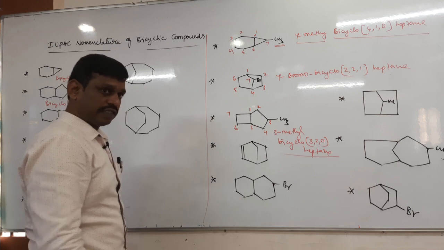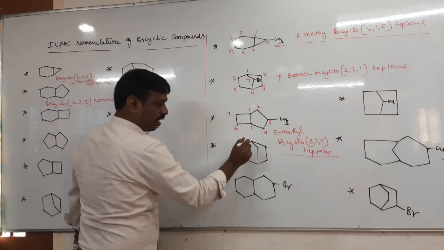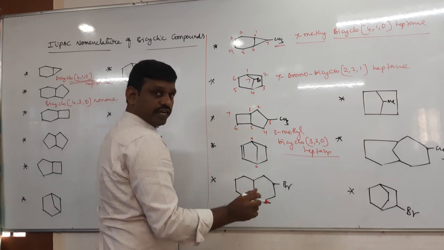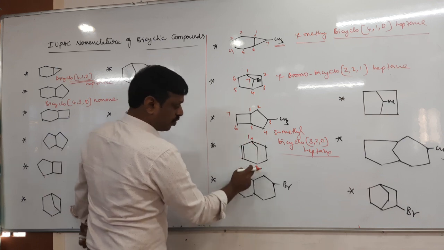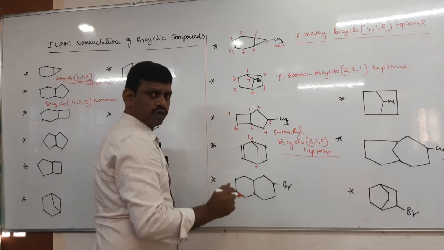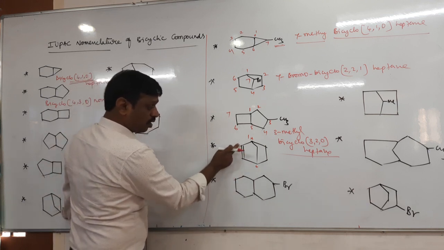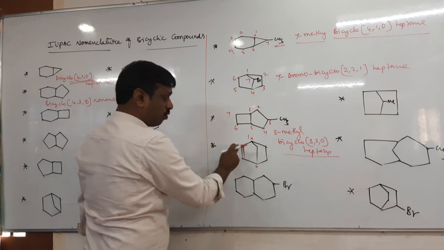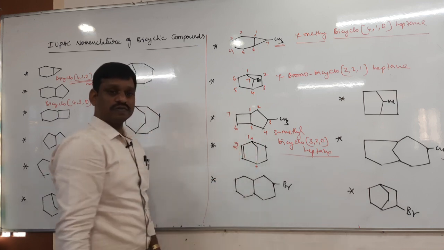Next, here also numbering you can start from either this bridgehead carbon or this one. If you take 1, 2 from here or from there, you get the same numbering on both sides. Both sides have the same bridge carbons, 1, 2, 1, 2, so now give more priority to the double bond.